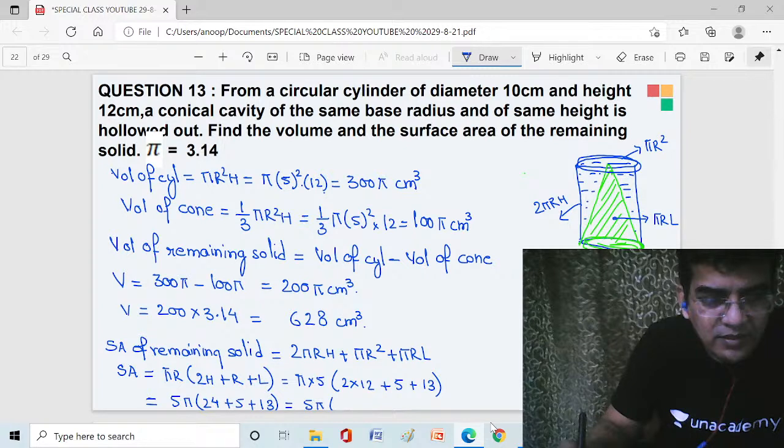Now substitute the value. The surface area is equal to 210 pi. So the surface area will be 210 into 3.14. So let's multiply it.